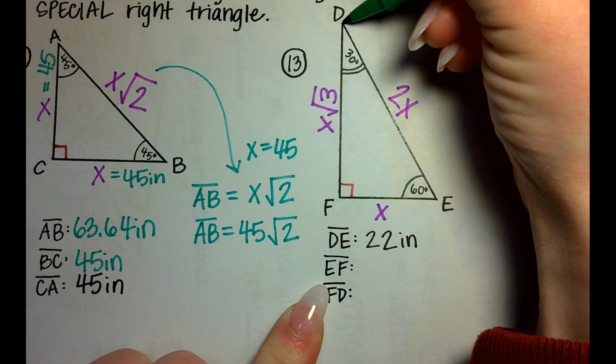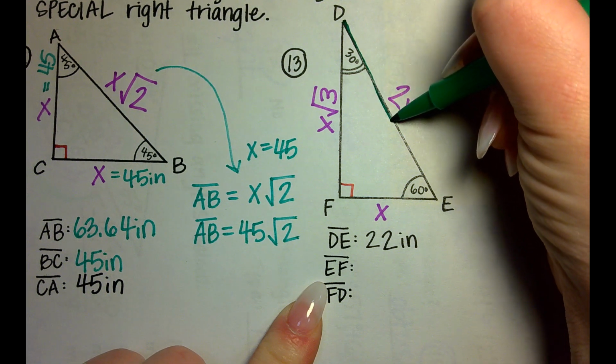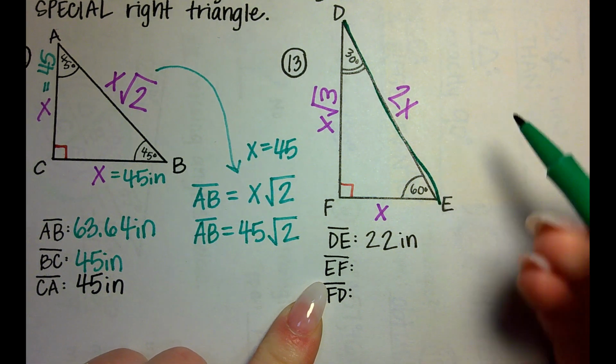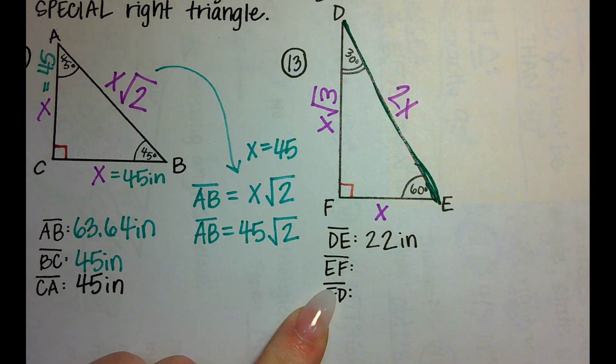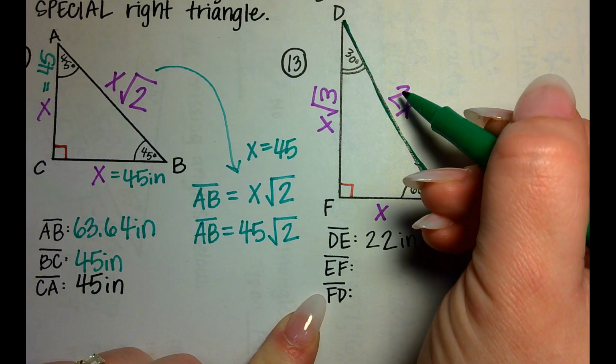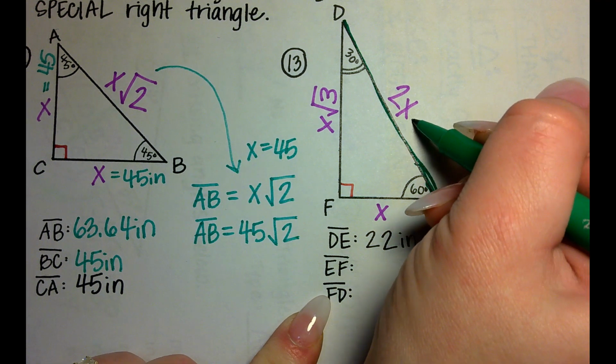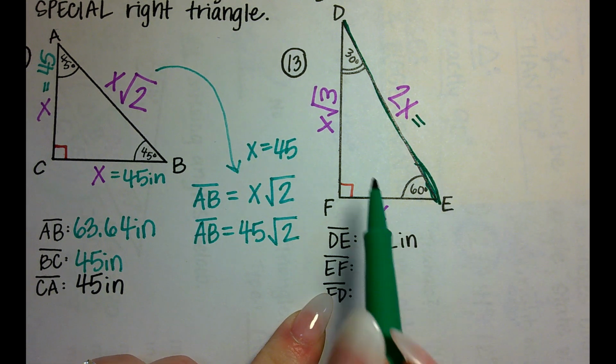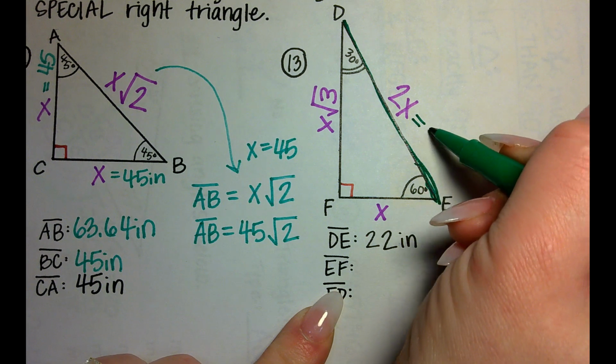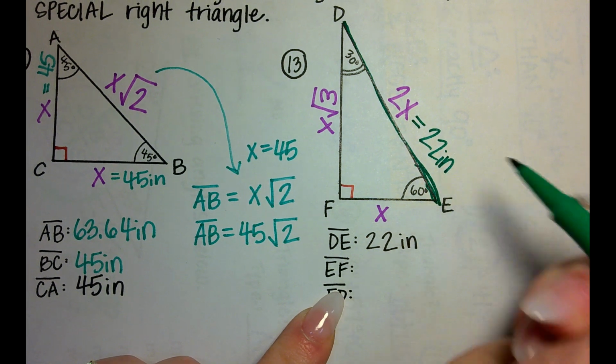Here's D, and here's E. So this side is 22 inches, right? This side is also 2x, because that's the law of a 30, 60, 90 triangle. So I know that 2x equals 22 inches.